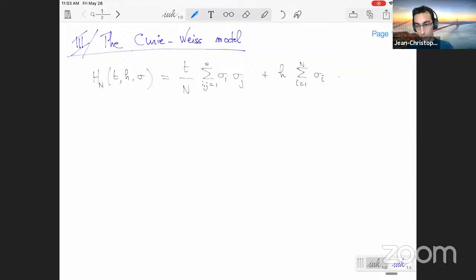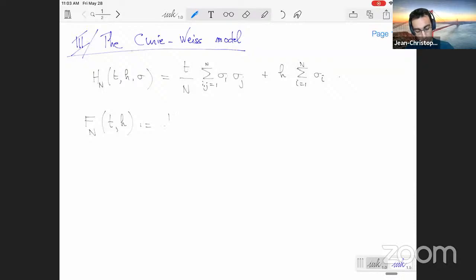And for this model, I want to study similar questions as those we discussed for the Ising model, in particular, how the mean magnetization behaves. And we discussed last time that although maybe what we really care about is this mean magnetization, it's useful as a first step to focus on the free energy of the model, which we define in the following way.